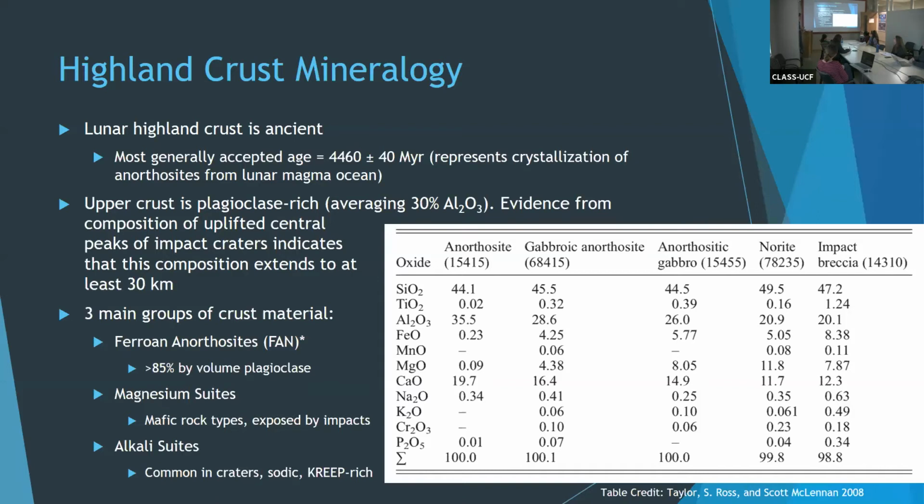And then the alkali suite are the more alkaline plagioclase, the more sodic, and they are very KREEP rich. So a lot of those that we find are found near that PKT region that we discussed earlier. And these include basalts, granites, some of the anorthosites, and the gabbroic norites. And the alkali suites are the ones that are very common in the craters that we see, being brought up by those large impacts.